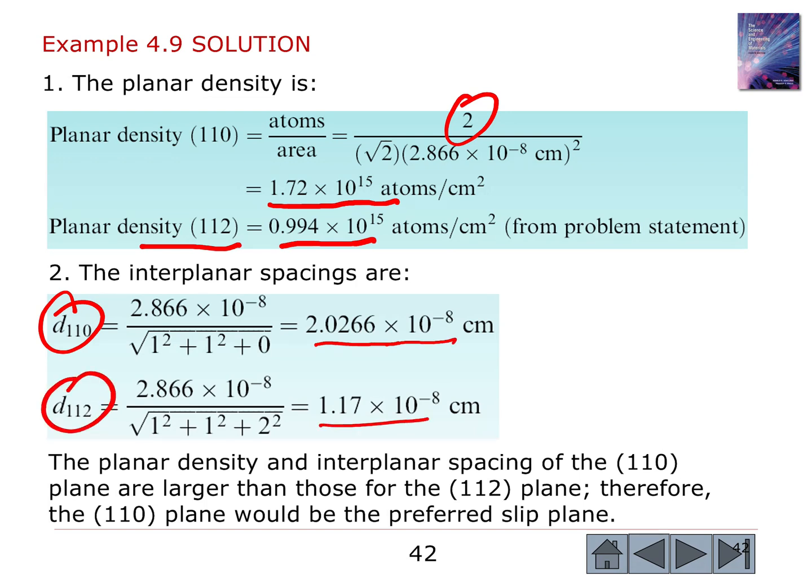For d112 it is 1.17, right? So 110 has the higher planar density and the higher interplanar spacing, so 110 is going to be the preferred slip plane.